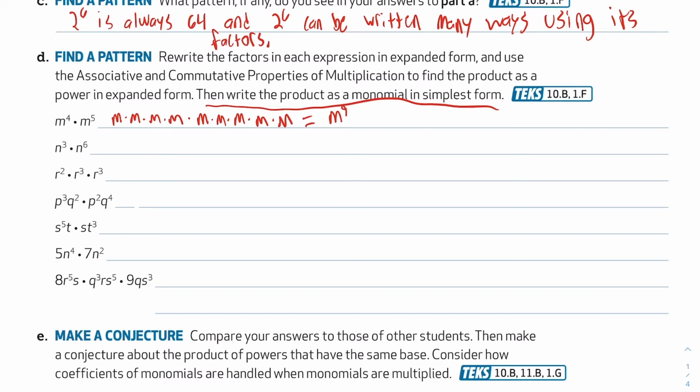We have p cubed, so that's p times p times p, q squared, so that's q times q. p cubed q squared times p squared q to the 4th.